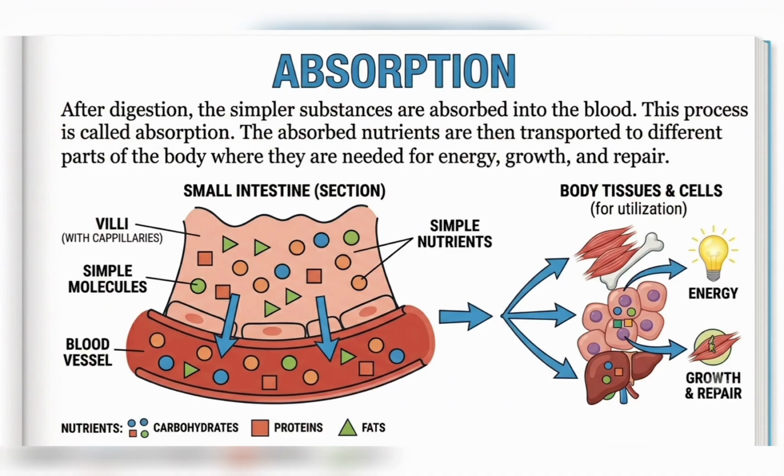So, now you ate the food, you changed the complex into simple and smaller molecules. Now the food is ready for absorption. Absorption means the food is absorbing into the blood. Why is it absorbed? To get energy, growth, and repair.